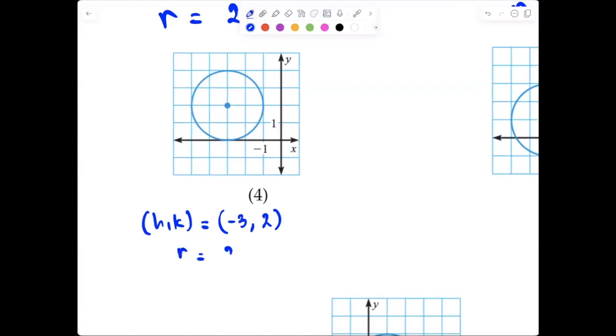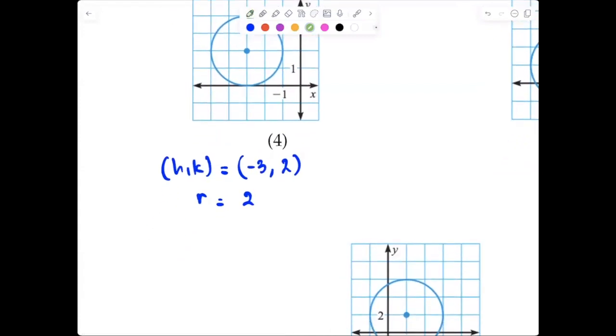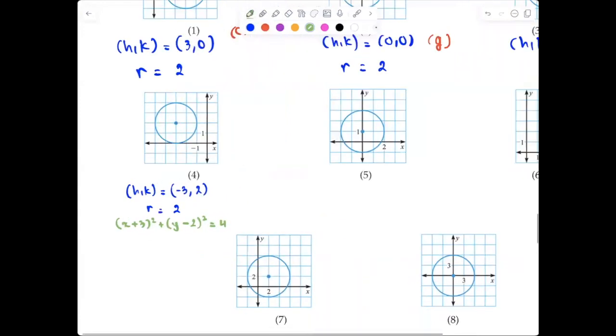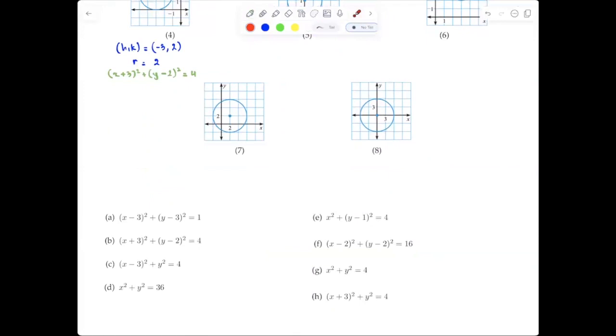The radius is equal to 2. So the equation of the circle in standard form is x plus 3 squared plus y minus 2 squared equal to 2 squared, which is equal to 4. Now with this information, let's go down to the choices. x plus 3 squared plus y minus 2 squared equal to 4. So B is the choice.